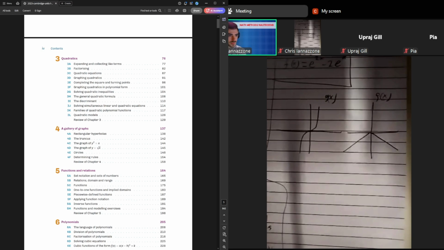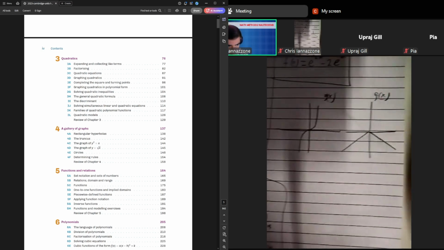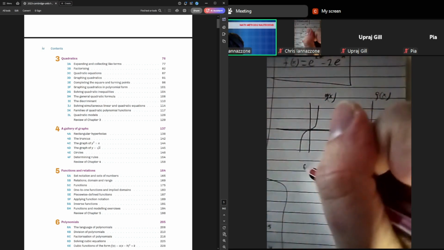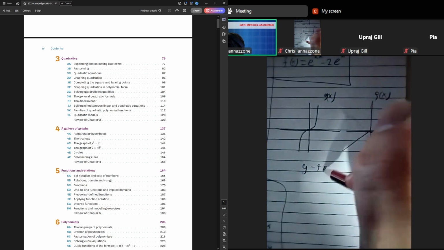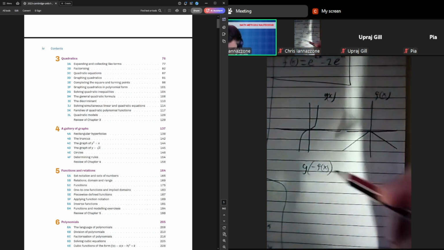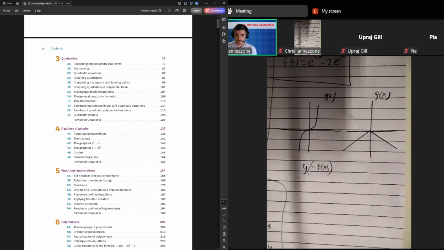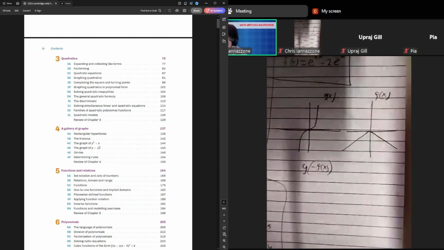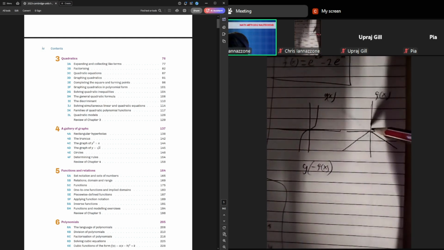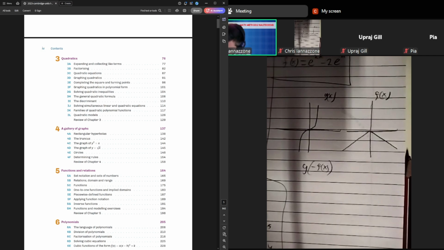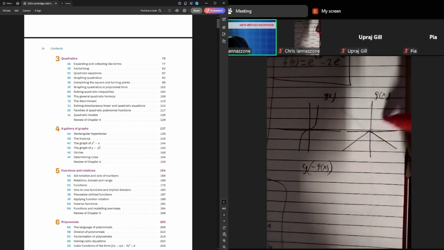And so what we're trying to do is the graph of g of negative f of x. Inverse modulus looks like reflection in the x. Yep, reflection in the x, absolutely. So the starting point, just like you have on your picture, would be to flip that in the x-axis.